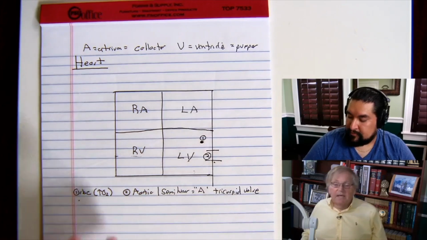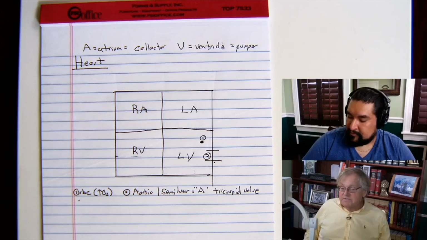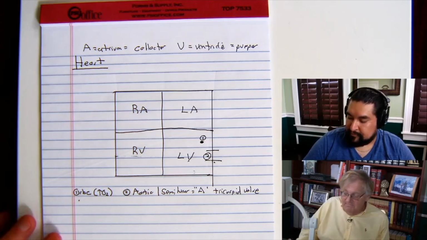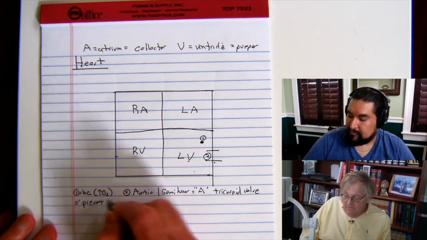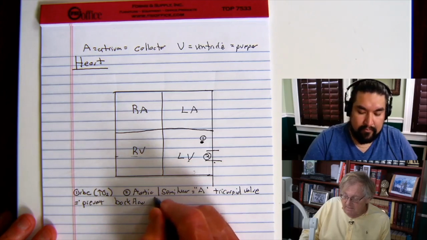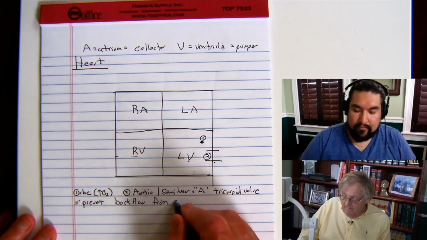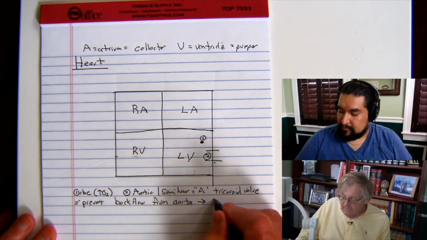And if you think what that's doing, of course, that's going to pump blood out naturally to the systemic circuit and perfuse my body with oxygen and pick up the CO2 as a waste gas. So therefore, the tricuspid valve is going to have a function to prevent backflow from the aorta into the left ventricle.